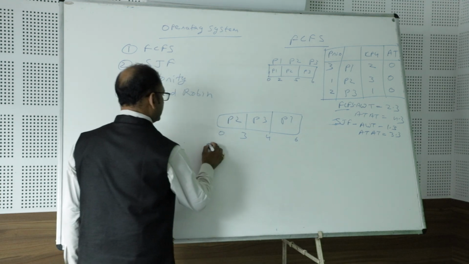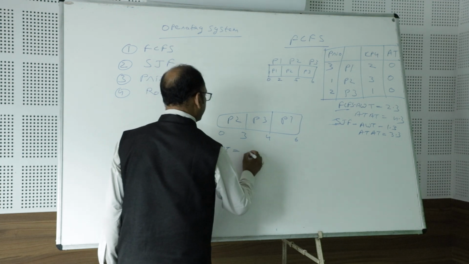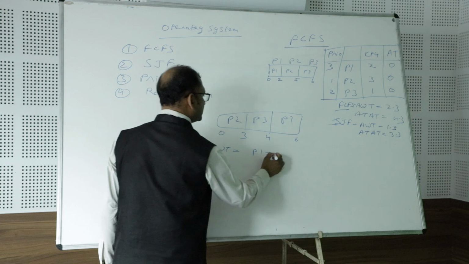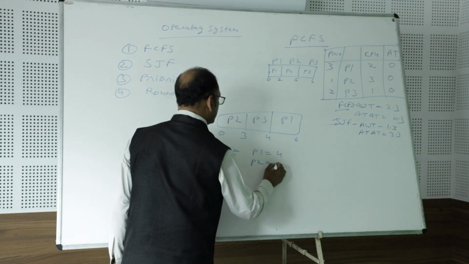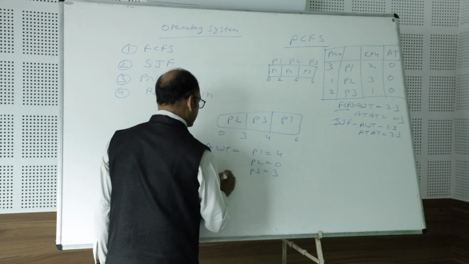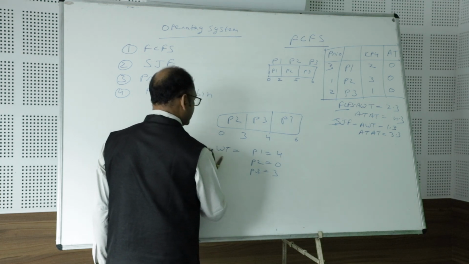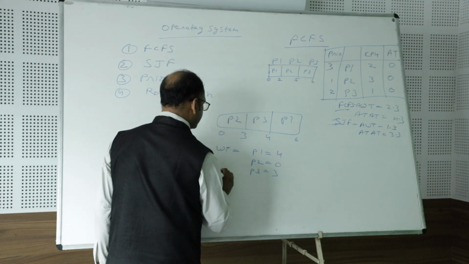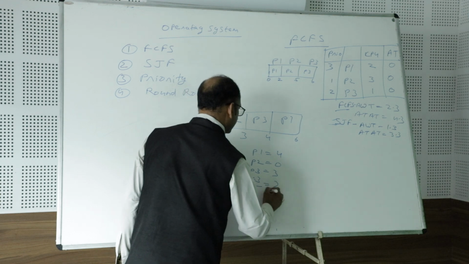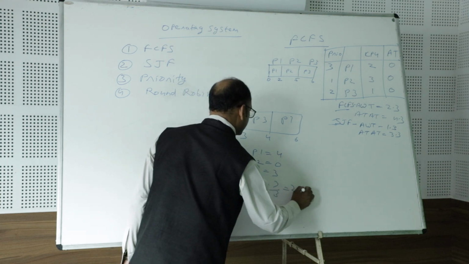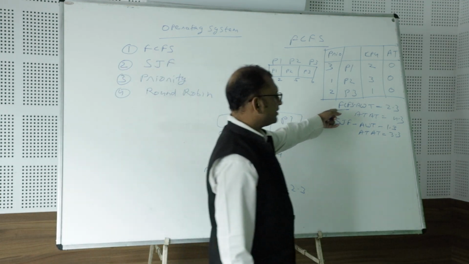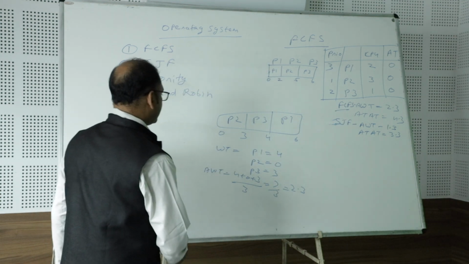Now here the average waiting time. Here we can see the waiting time of P1 is 4, P2 is 0 and P3 is 3. Sorry, this is the waiting time, and average waiting time is 2.3. So it has got the same average waiting time as FCFS. We can calculate the turnaround time also.